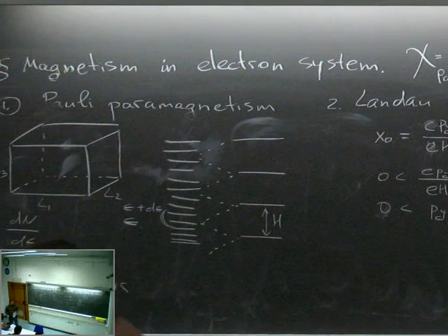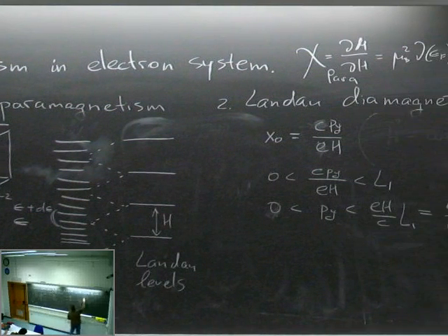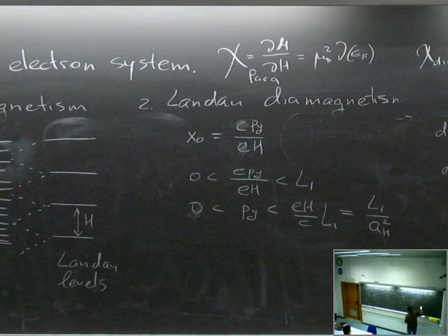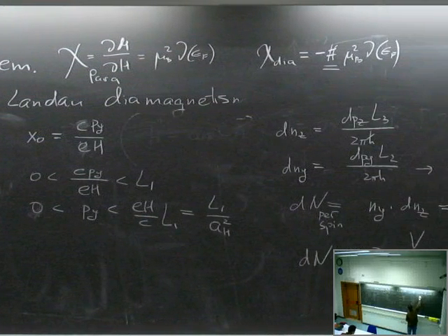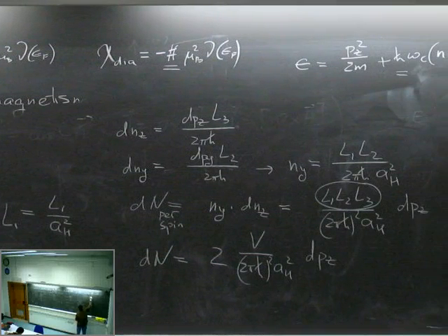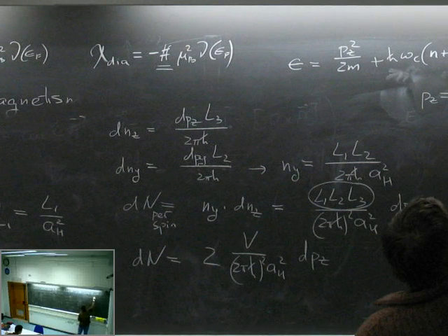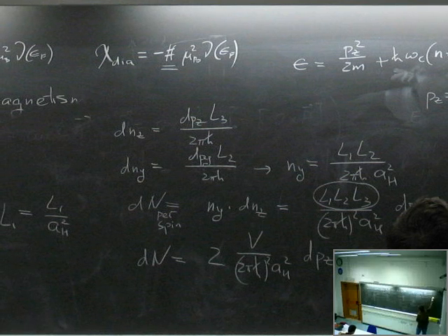Okay? So then what I need to do is to express my Pz in terms of energy. So Pz from this formula is plus or minus square root of 2m times energy minus h omega c, n plus 1/2.